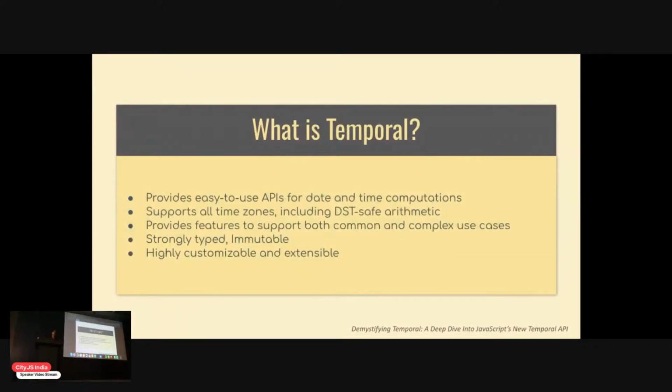So Temporal is built in, and a few other features are it's strongly typed. So basically, for every type of data you have a separate type to represent it, instead of one thing that represents everything. It's customizable and highly extensible, and also it supports internationalization.